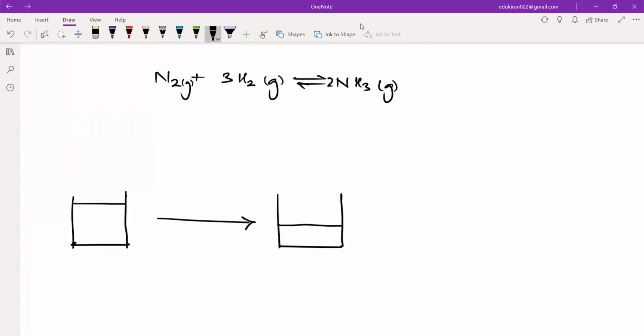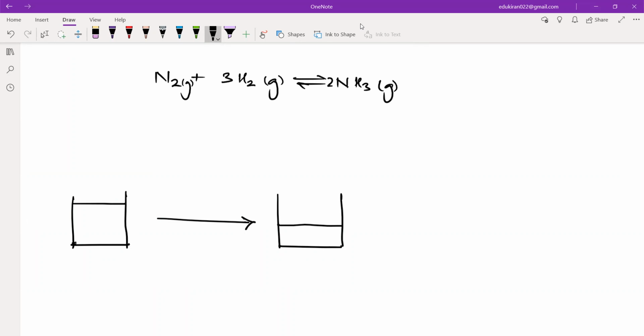This is the change that I'm talking about, decreasing the volume. So if I decrease the volume, things will stick together or they will move apart? Stick together. So association or dissociation? Association. Is everyone clear with this? Yes, sir.